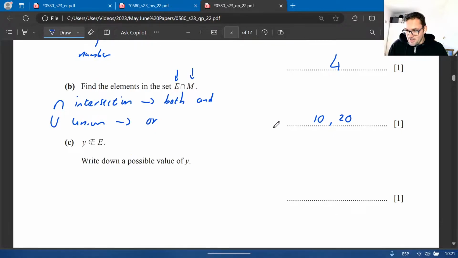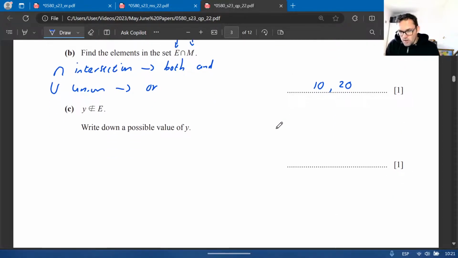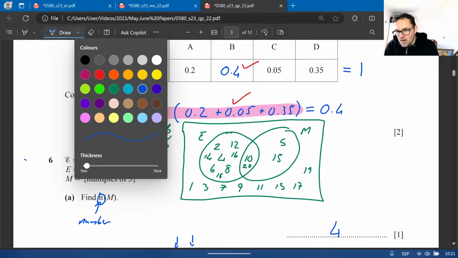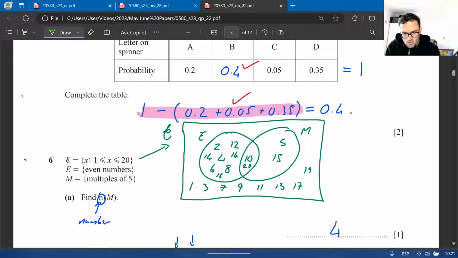Question C. Got a new symbol here. Element. Okay, this is the element sign. Element simply means parts. For example, we can say that 2 and 14 are elements of E. You can have 2, 14 is an element of the set E. It's in there.